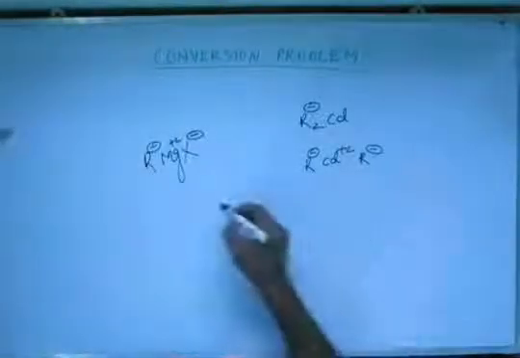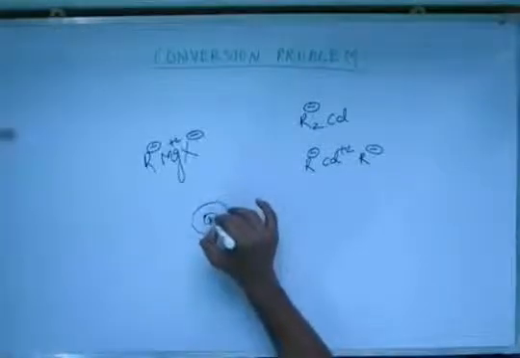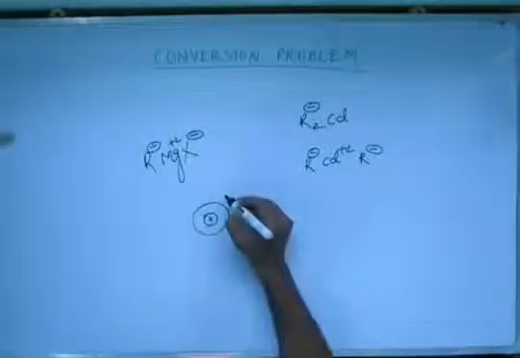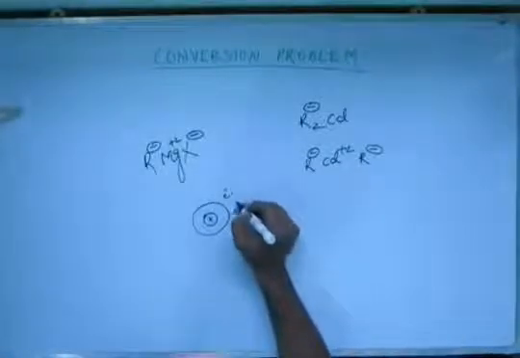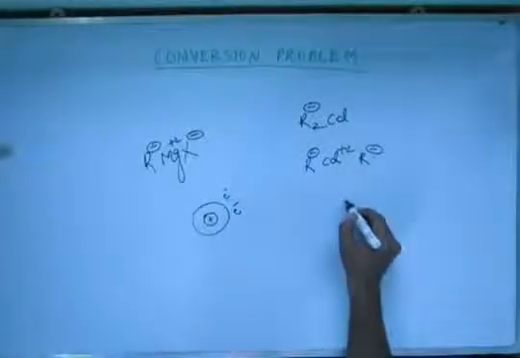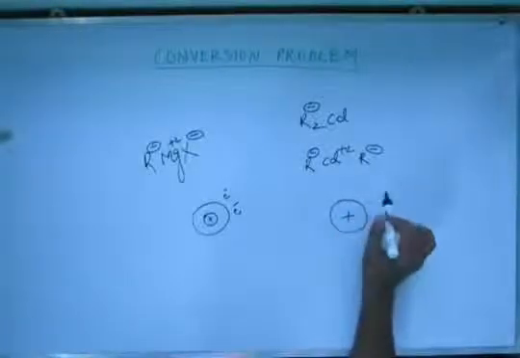So what happens is, in magnesium ion internally you have a nucleus that has some positive charge, and when you have some electron outside, this nucleus attracts those electrons. Same would be the case with cadmium. In cadmium you'll have a bigger nucleus because of greater atomic size.